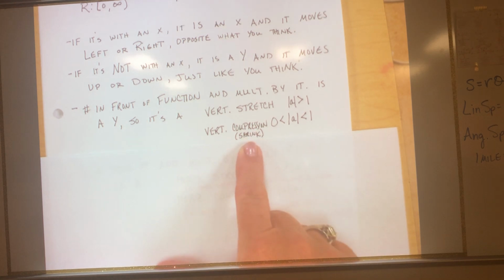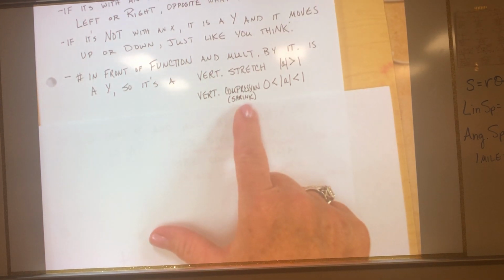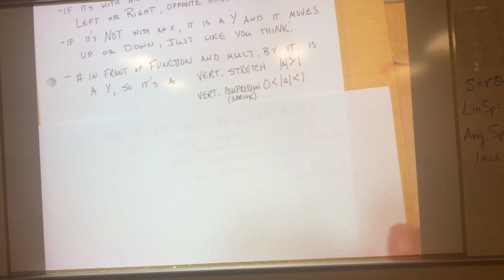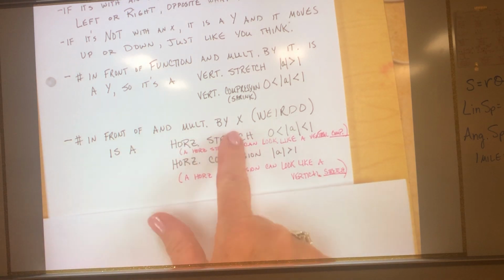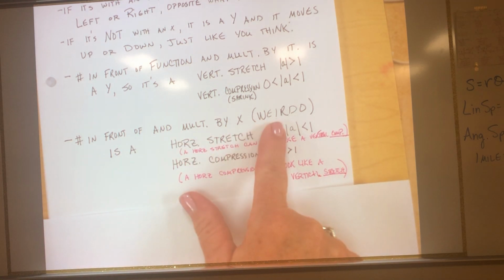We used to call it a shrink, but about 4 or 5 years ago, they started using the word compression, and now you see the word compression a lot more. You seldom see shrink unless it's an older book. And then this one says that if you have a number in front of it multiplied by the x, he's a weirdo. He's going to do the opposite.